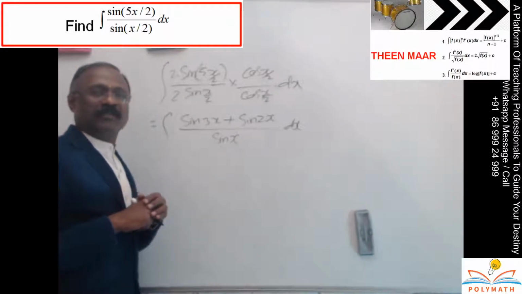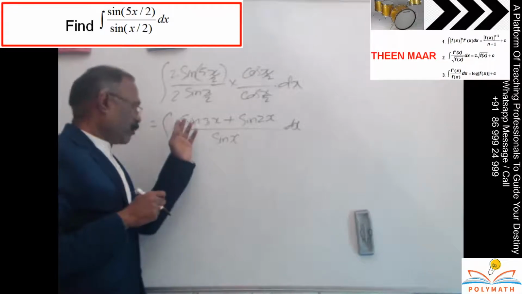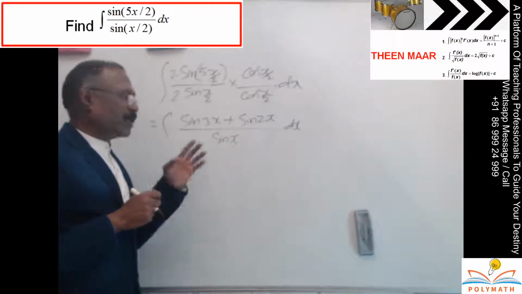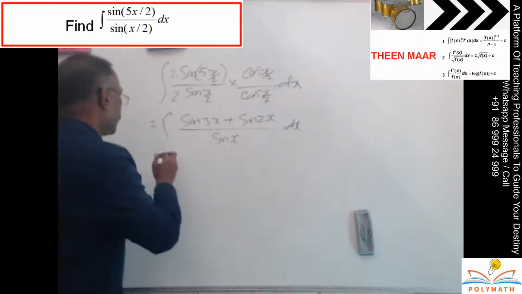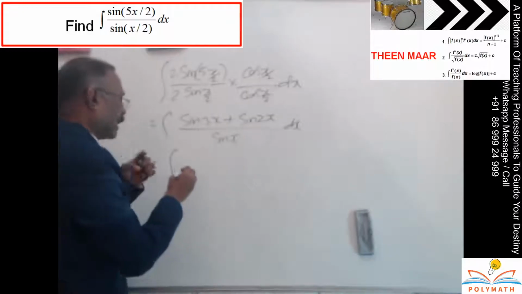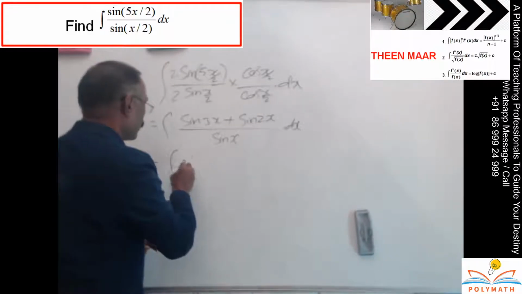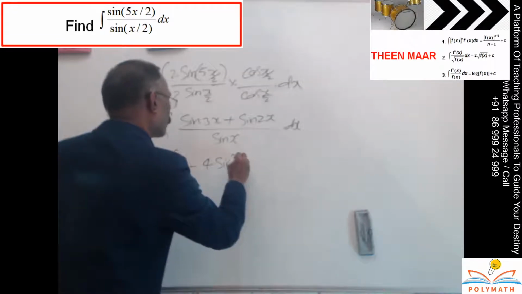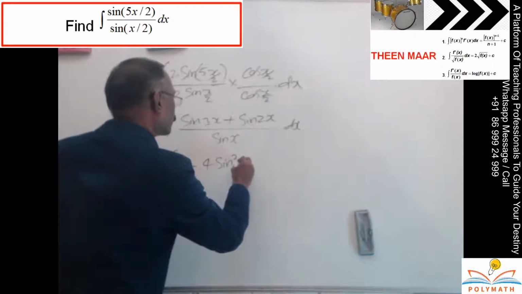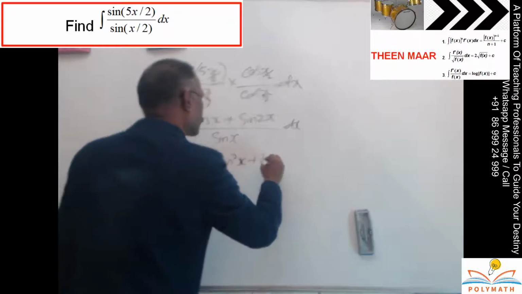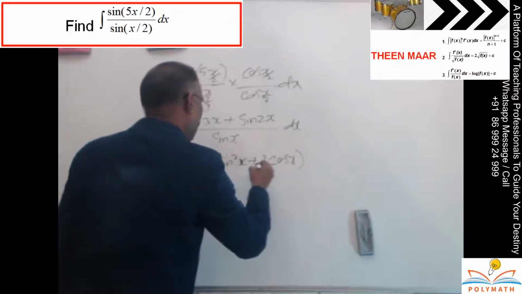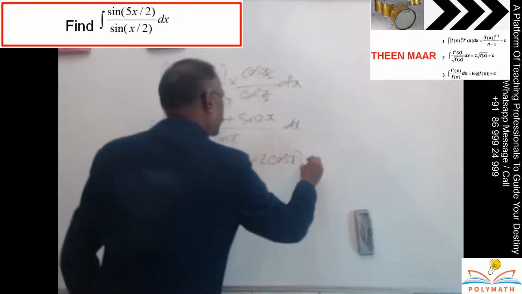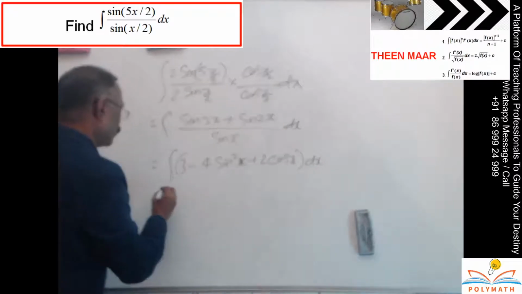Again sine x is common, and 2 cos x remains. You can take sine x common in the numerator and get it cancelled. So you will get 3 minus 4 sine square x plus 2 cos x, after cancelling sine x in both the numerator and denominator.